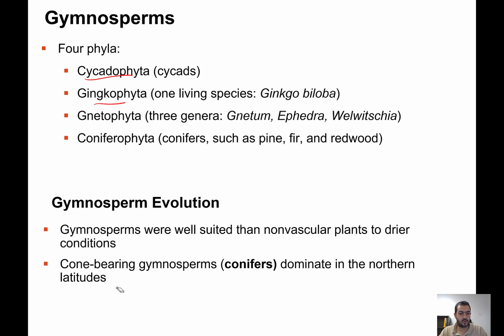Seed plants include two major groups, the Gymnosperms and the Angiosperms, and if we compare the dominance of the two groups, we'll find that the Angiosperms dominate most parts of the world, except in the northern latitudes, where the cone-bearing Gymnosperms, and more specifically the conifers, dominate.